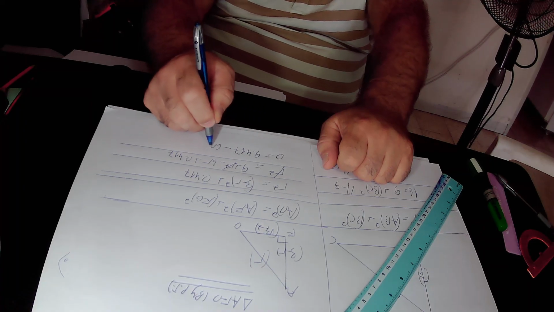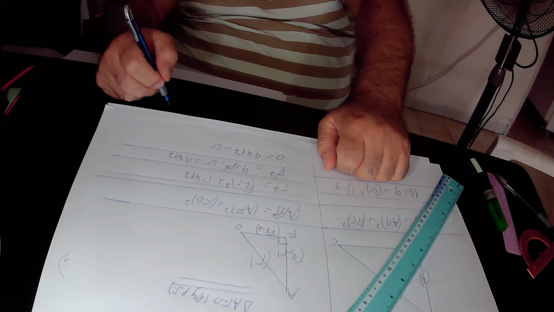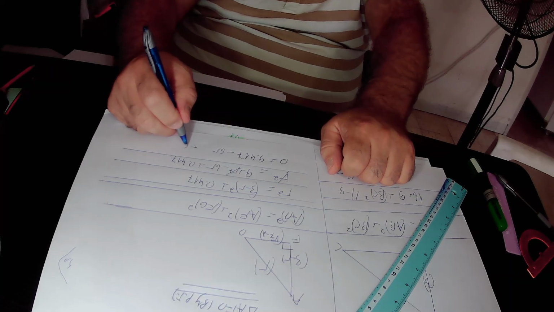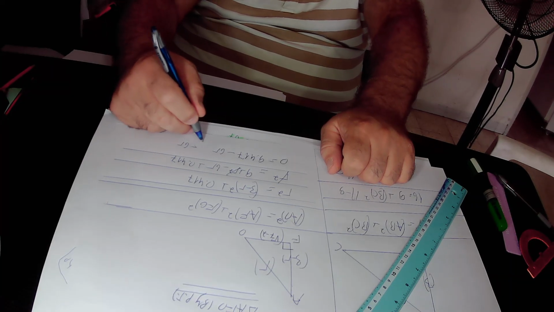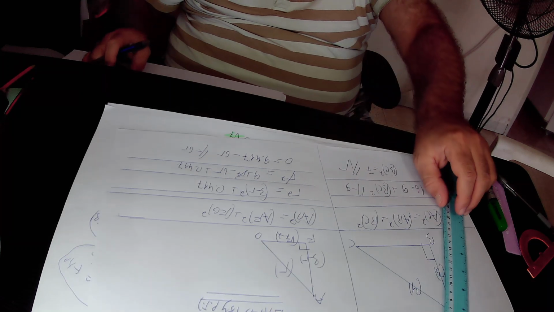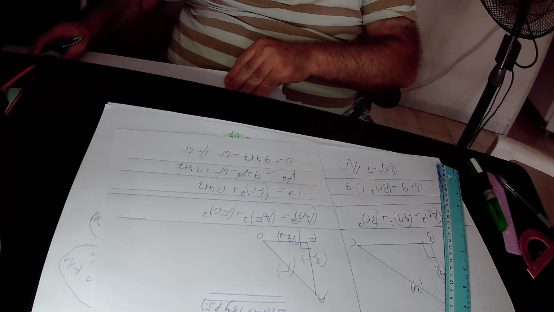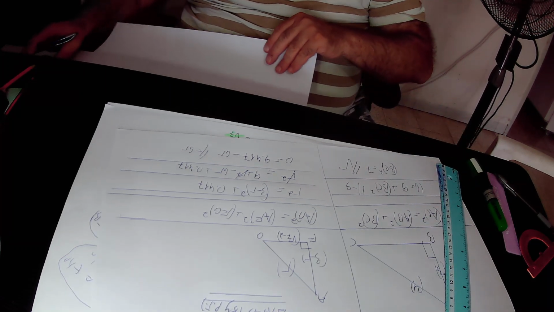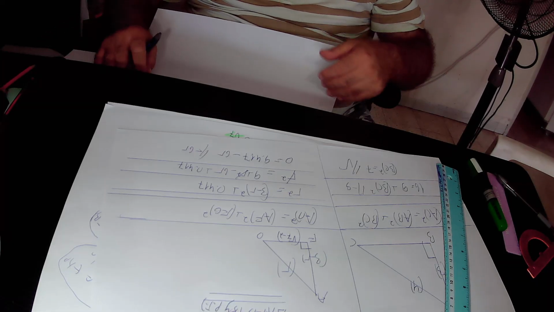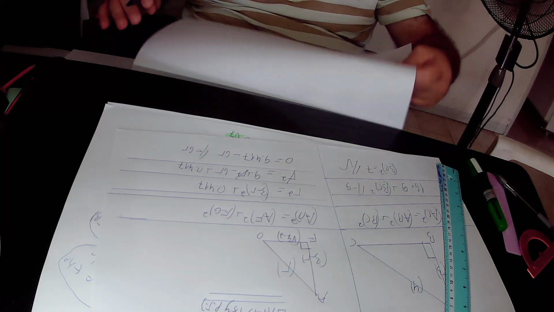minus 6R. Here we will add 6R to this equation, and we get that 6R equals 9.417.